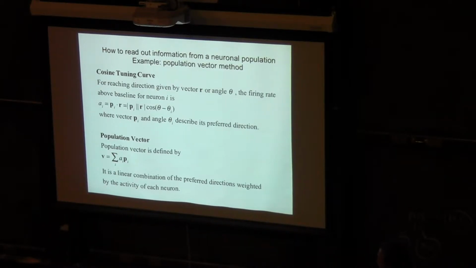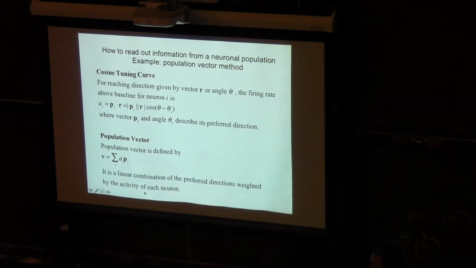All right, the population vector is very simple. Suppose I observe the activity of a bunch of neurons, and I haven't measured their preferred directions. Then I just do this weighted sum. Each vector has a scalar coefficient, which is the known activity.